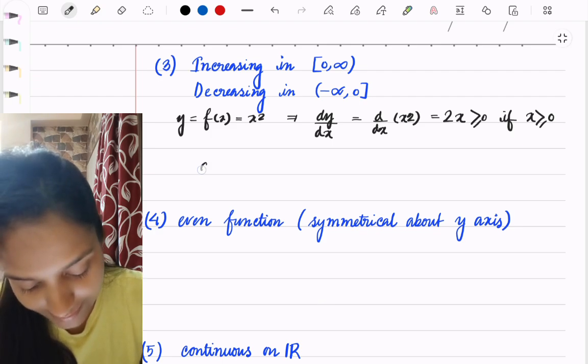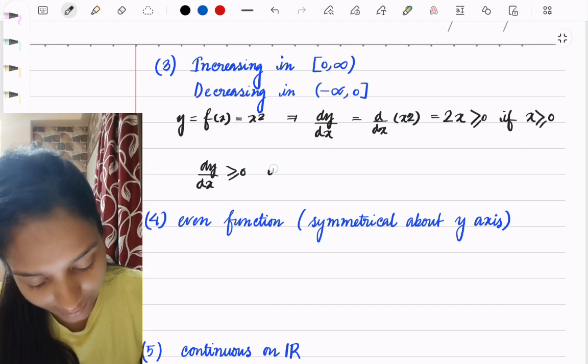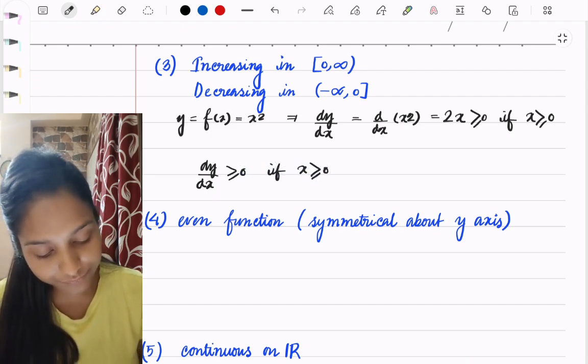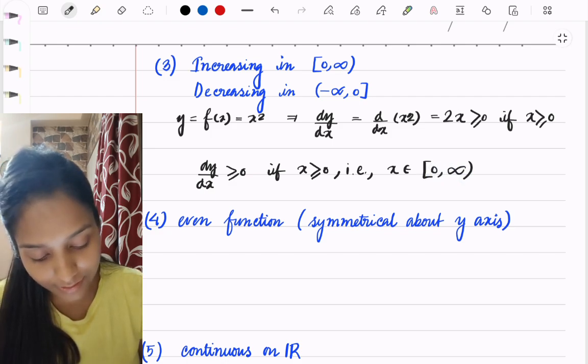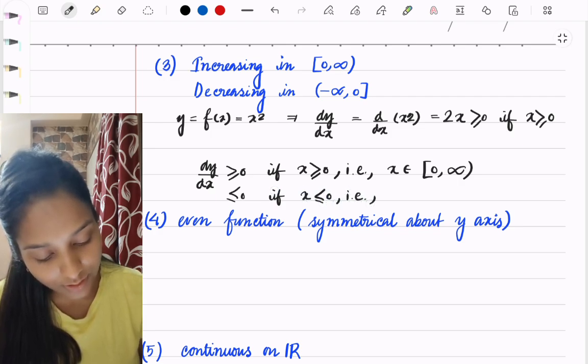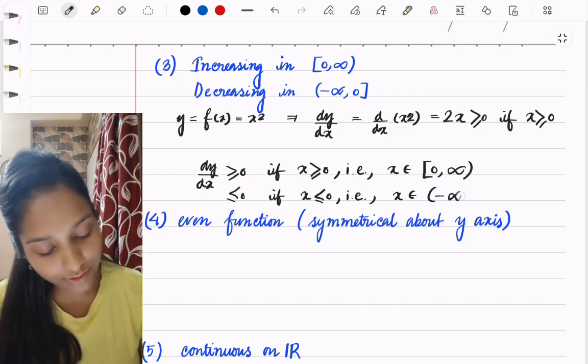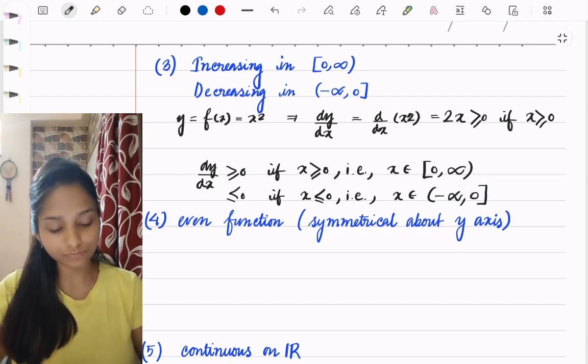So from here we can see that dy/dx is greater than or equal to 0 if x is greater than or equal to 0, that is, x belongs to the closed interval 0 to infinity. And similarly, this is less than or equal to 0 if x is less than or equal to 0, that is, x belongs to minus infinity to 0.